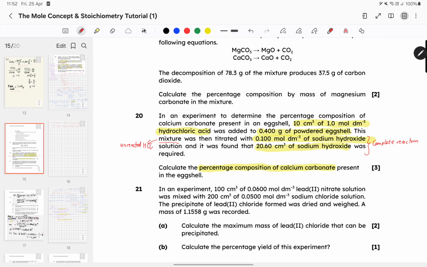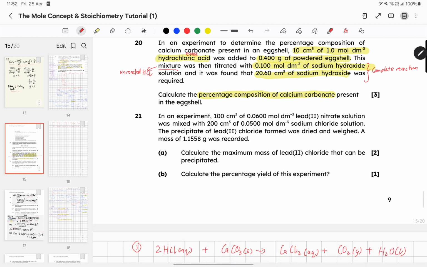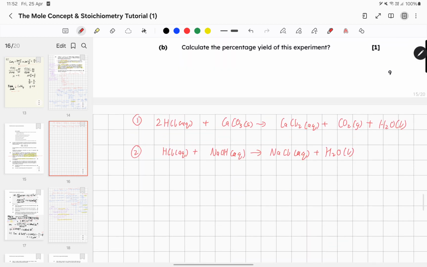The fact that it contains unreacted HCl means that the hydrochloric acid should be in excess. So even though the question did not state clearly excess or limiting, this is how you can infer. So over here I can put on the header, this should be in excess, this should be limiting.